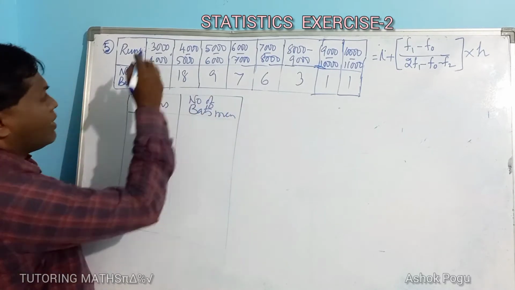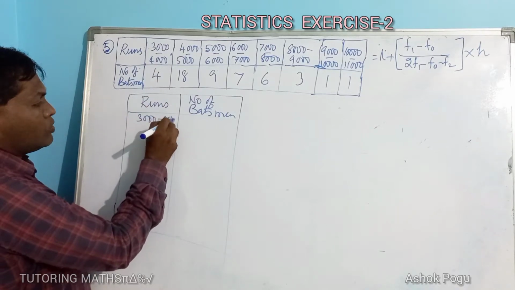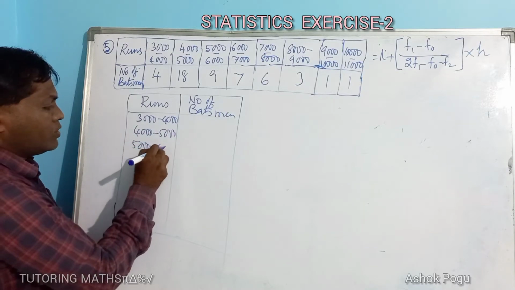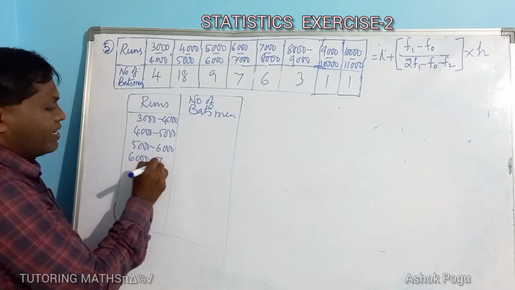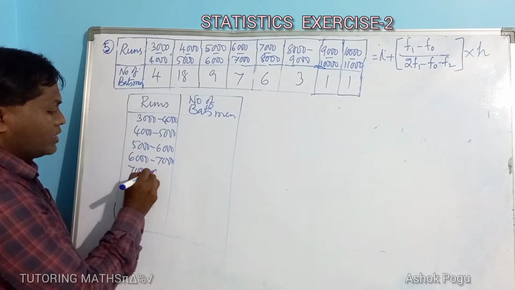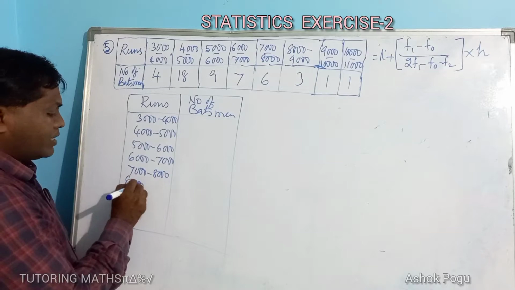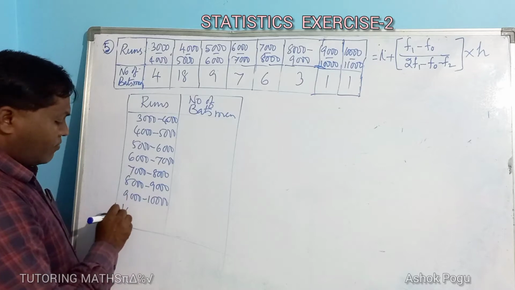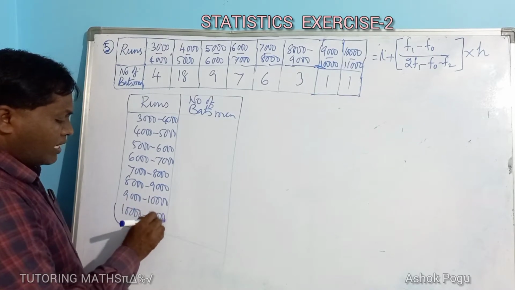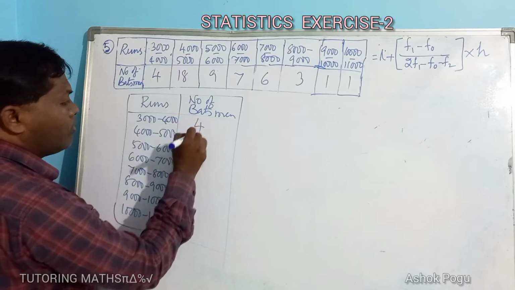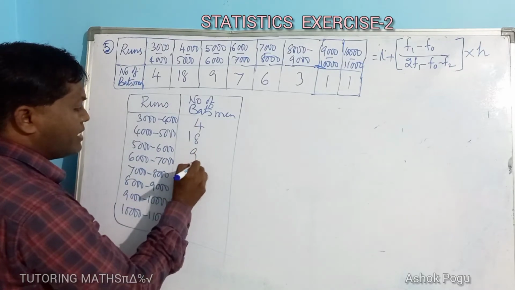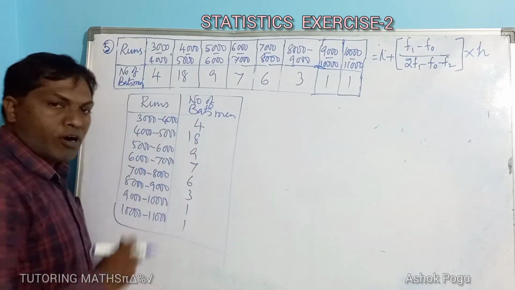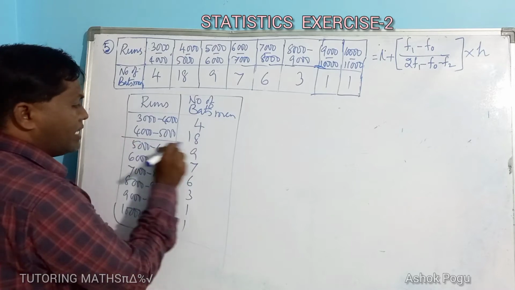Runs 3,000 to 4,000, 4,000 to 5,000, 5,000 to 6,000, 6,000 to 7,000, 7,000 to 8,000, 8,000 to 9,000, 9,000 to 10,000, and finally 10,000 to 11,000. And the number of batsmen are 4, 18, 9, 7, 6, 3, 1, 1.